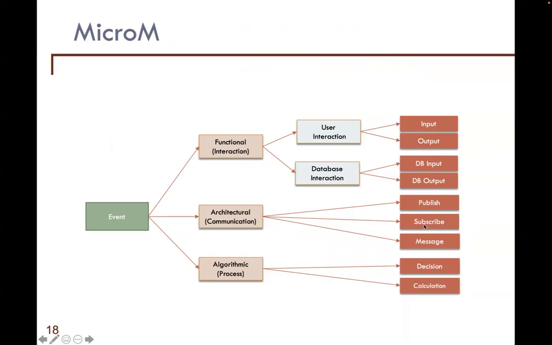But here, publish, subscribe, message, and decision calculation are further analysis based on the microservice architecture we have. That's why we call them architectural, and the other ones are algorithmic. These are interesting because they are not necessarily identified during the design phase.